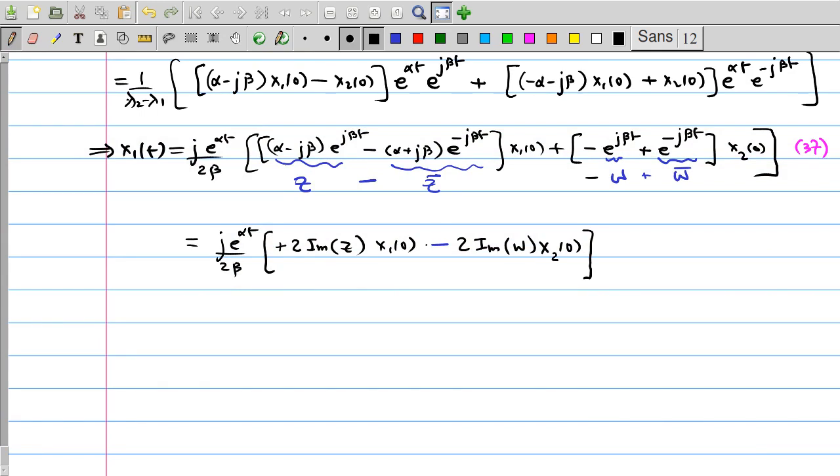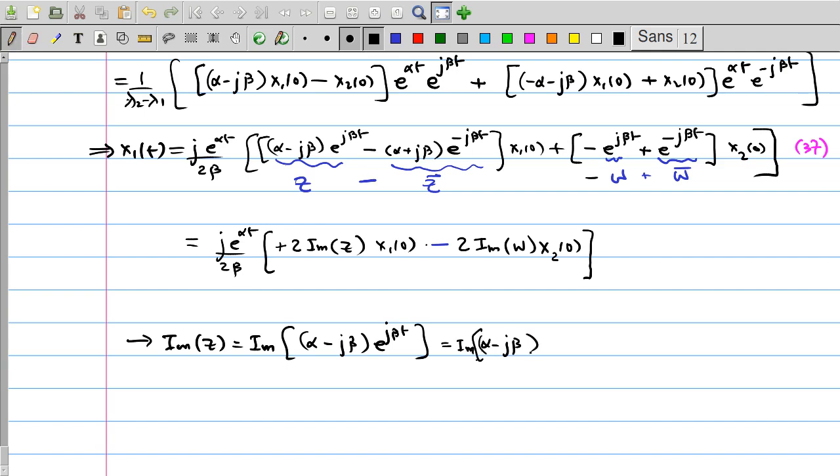And so let's find out what is the imaginary component of z. It's the imaginary component of e to the j beta t times alpha minus j beta, and here's where the sines and cosines come in.